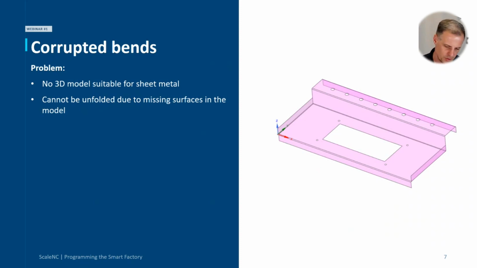It's also not possible to unfold it because it has missing bends. Maybe some faces in the bends are not drawn correctly. So there are quite a lot of problems why it is not possible to just import it and get a perfect 2D file out of it.